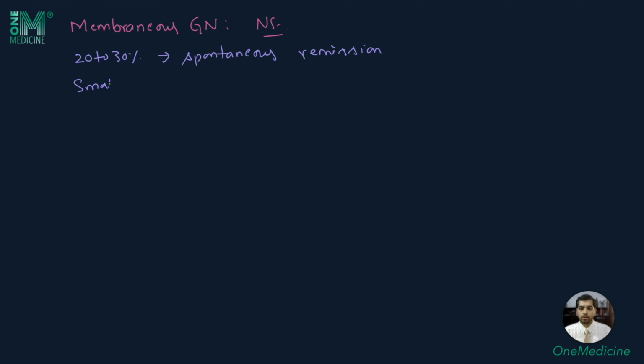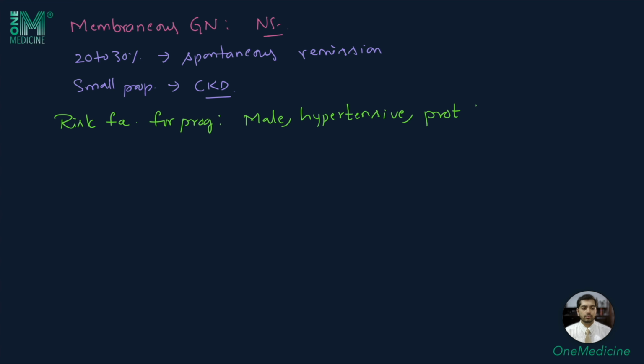A small proportion go into CKD. The risk factors for progression include male gender, patients who are hypertensive, proteinuria of more than 6 grams per day, and older age. Treatment with just glucocorticoids is controversial.